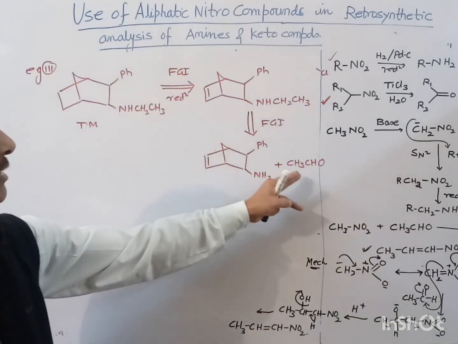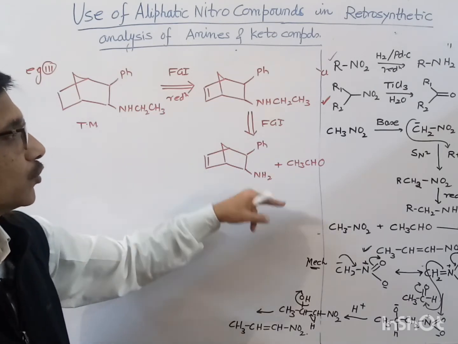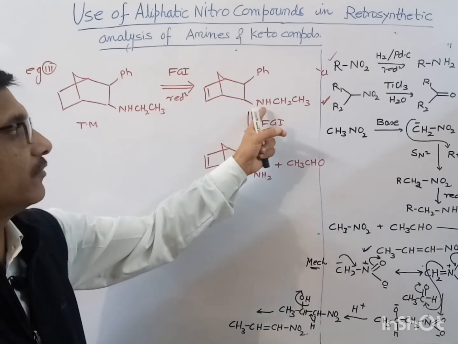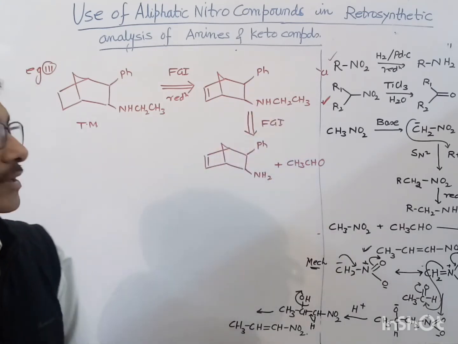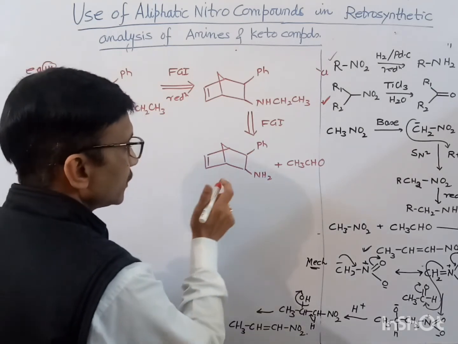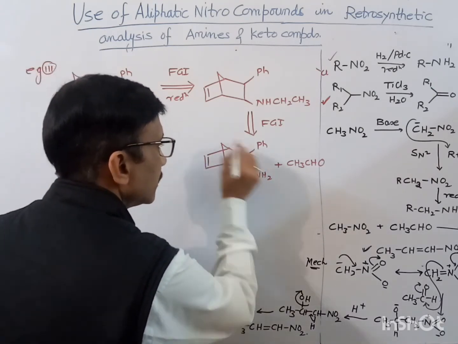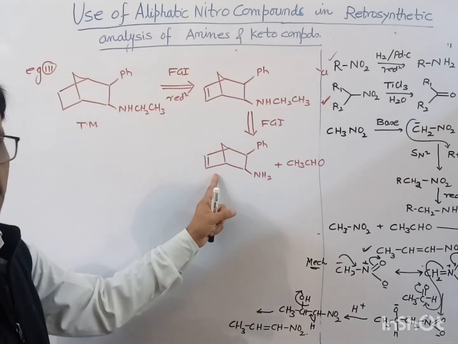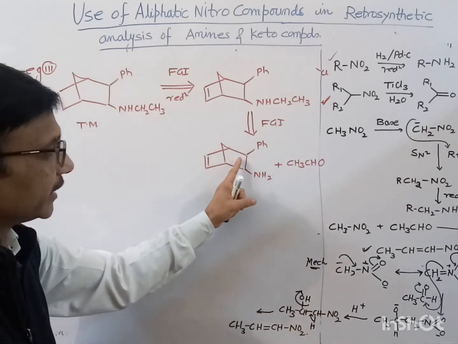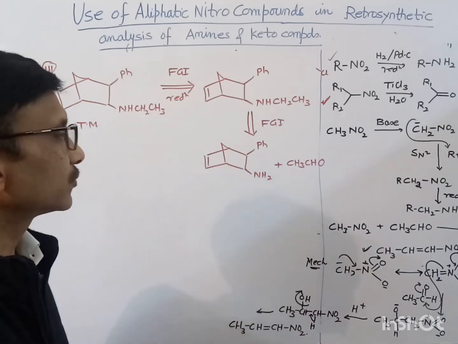So aldehyde and this amine undergo a condensation reaction to give the imine, and imine after reduction we will get this amine compound. Okay. Now you can see if you do the disconnection of this into diene and dienophile, then the diene will not have this electron withdrawing group.